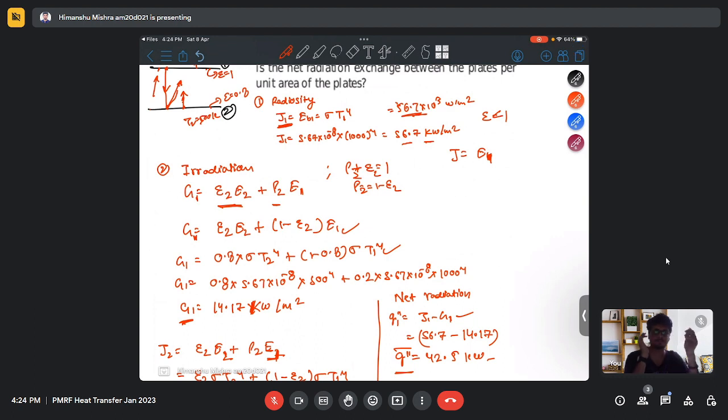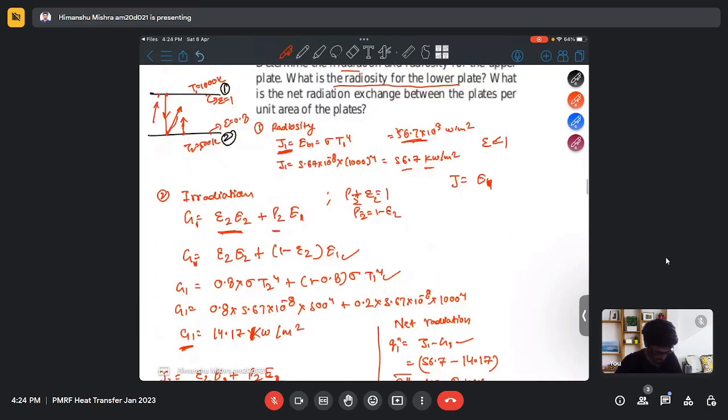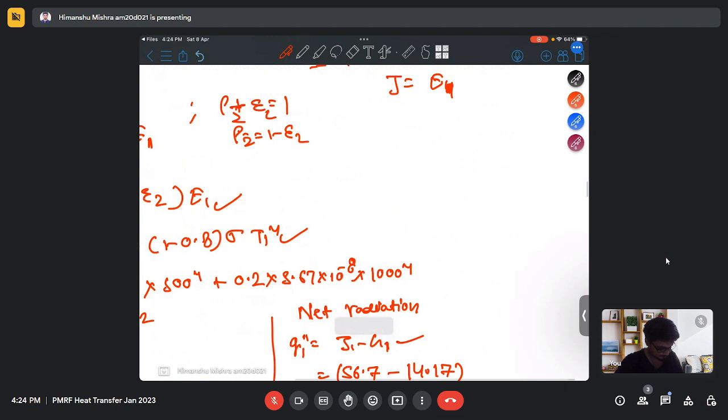No. But you are taking that reflectivity, J2 is like J2 you have calculated. Emissivity 2. So my point is, let's say this is my surface 2 and this is not a black body, and this is my incoming irradiation at this surface.